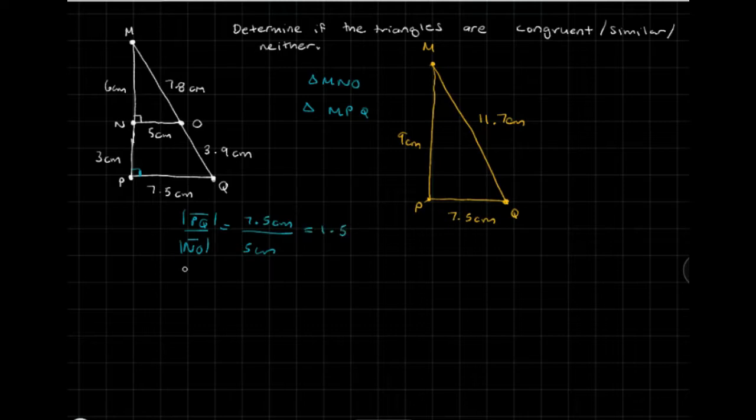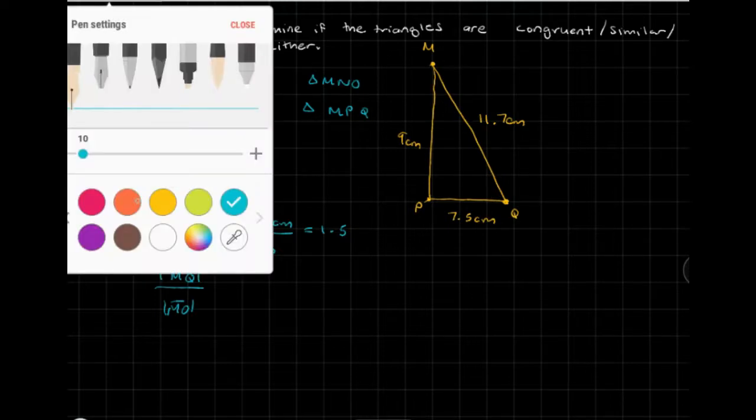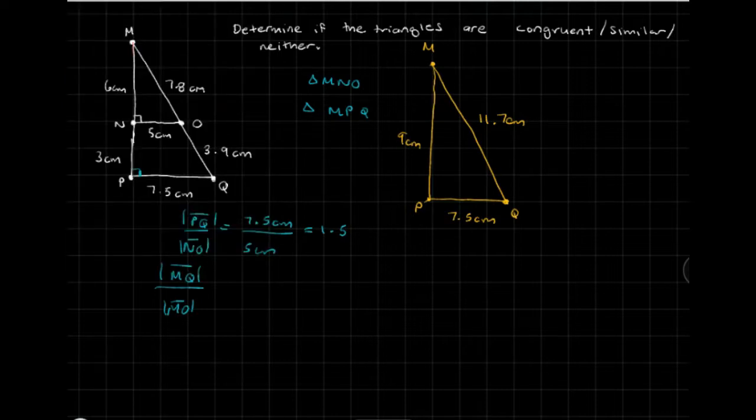Now let's compare another set of side lengths. Let's compare side length MQ over side length MO. I think I called them both MQ by accident. Sorry, I got a little tripped up with MQ and MO, but let's compare MQ with MO. I'm just going to highlight this so we can see it better.